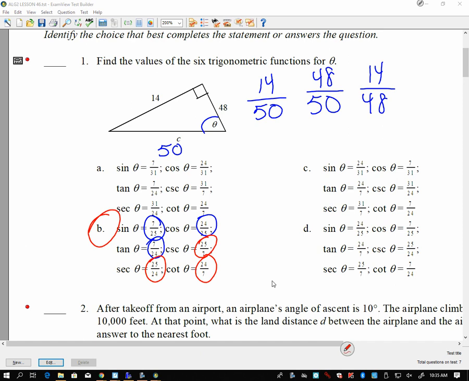Make sure to look into your examples. Specifically, it's going to talk about elevation and depression, some of those types of things. Letter D doesn't give you a picture. You're going to want to look at example number 4 to be able to draw a picture so that you can identify all the different parts.